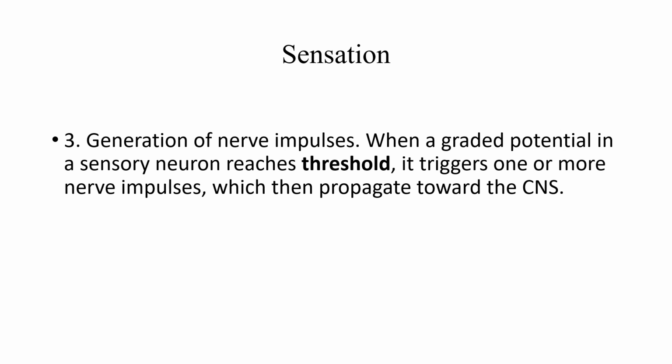If this receptor potential reaches a threshold, then that will be a generation of nerve impulse, or what we call action potential, that will be propagated and transmitted up to the central nervous system. If it didn't reach the threshold, then this receptor potential will die out, and that type of information will not reach the central nervous system.